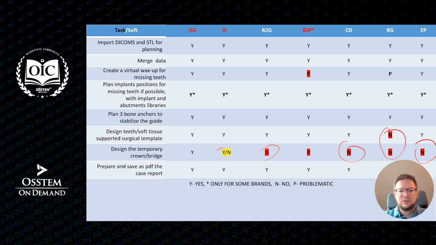Here it was possible for case number 1, but not possible for case number 2. And here, what was reported by the evaluator were problems with creating the waxup. Here it was also problematic to create the waxup, and also here it was problematic to design the temporary.